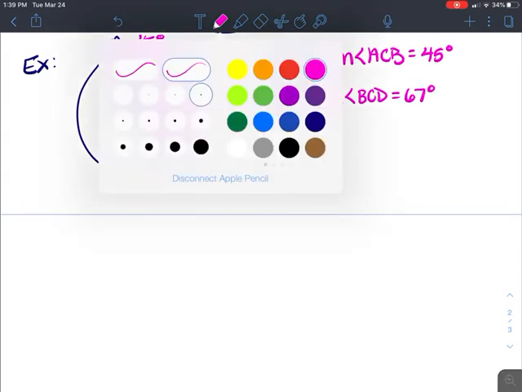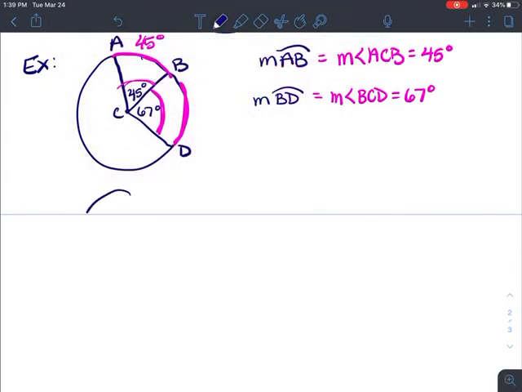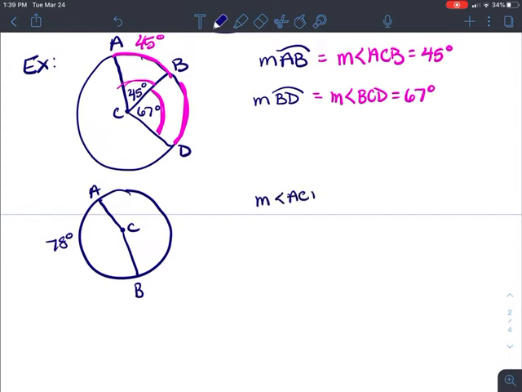I'm going to do one more example for that. Okay, so I've got this, and I've got my central vertex, B. Okay, and I'm going to say that this is A. Okay, and I'm going to say that my arc AB is equal to 78 degrees, and it wants us to find the measure of angle ACB.